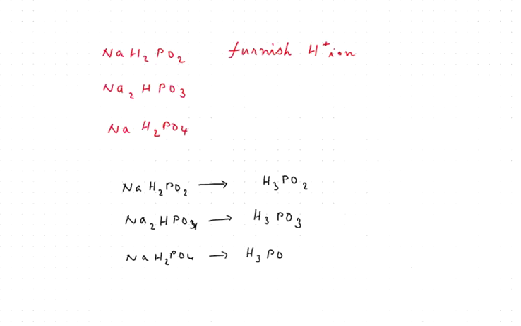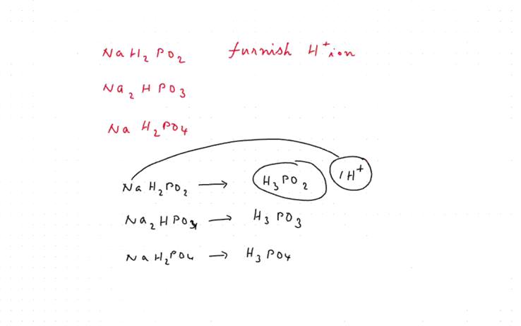If you look at this acid, it is a monobasic acid, which can give out only one H plus ion, and that one H plus ion is replaced by sodium ion in the salt. Therefore, on dissolution, it is not going to give any H plus ion out, because the other two hydrogens are directly connected to phosphorus.